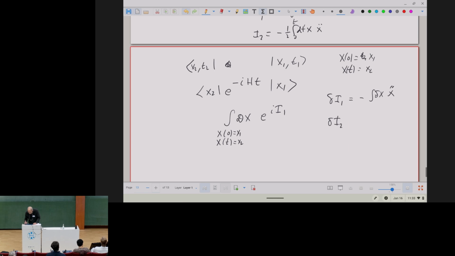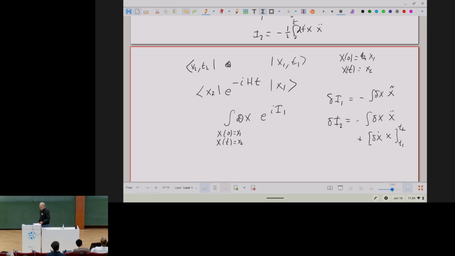The variation of I2 instead is what you want, plus some unwanted boundary terms. Another term you get is delta x dot times x evaluated between the endpoints. That extra term makes it impossible to find a critical point of I2. So I2 is going to be a bad action to use in the path integral. And that's because it had second derivatives of x.